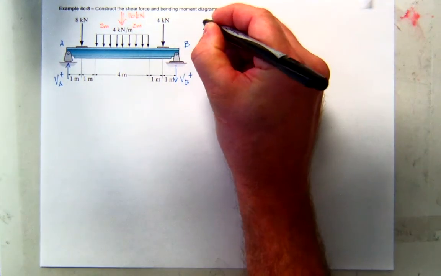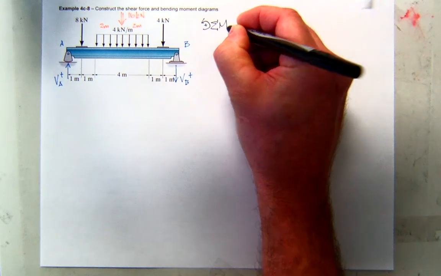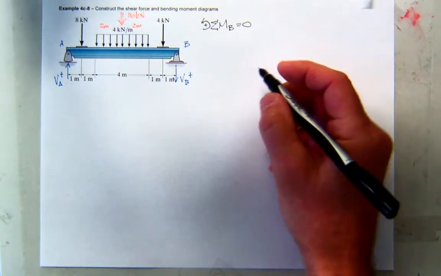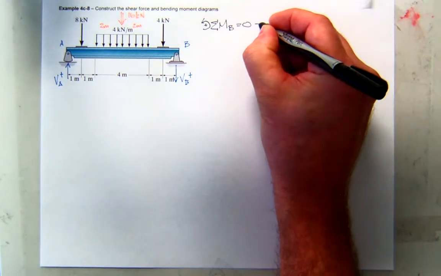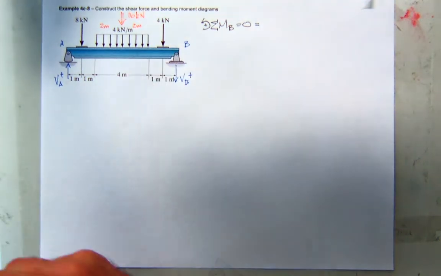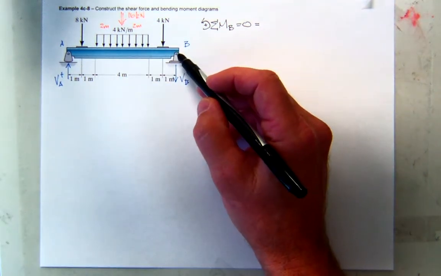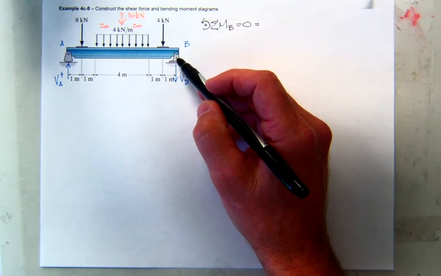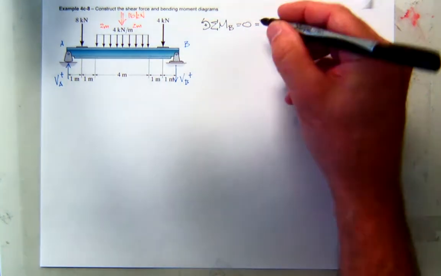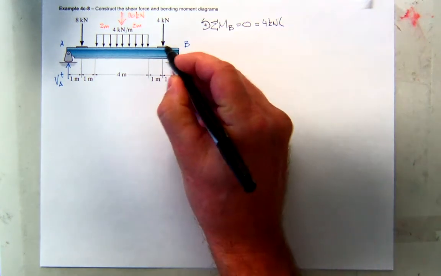So we'll start by summing moments, and I'm going to sum moments about B. You could sum moments about A if you like. And looking about B, I've got 1, 2, 3 forces. They're all acting down. So what kind of moment would each of them create about B? They're going to create a positive moment. So the first one's going to be 4 kilonewtons times a distance of 1 meter.